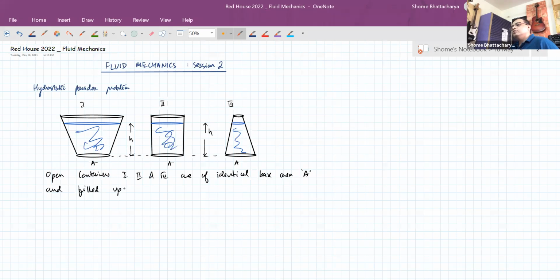filled up to the same height with the same ideal fluid.